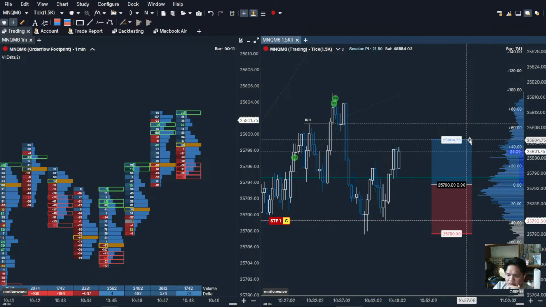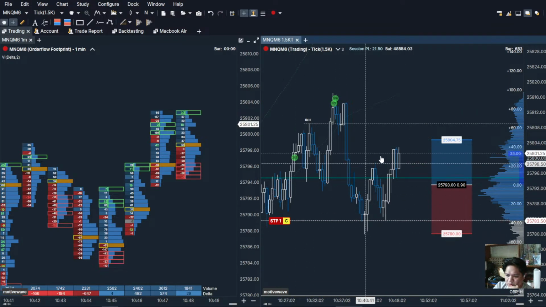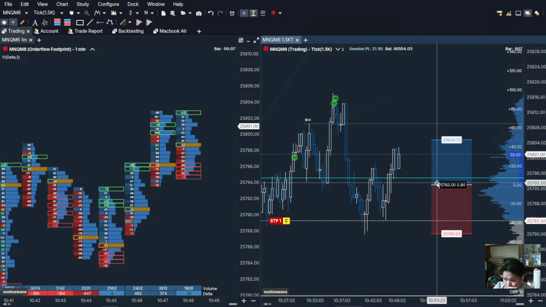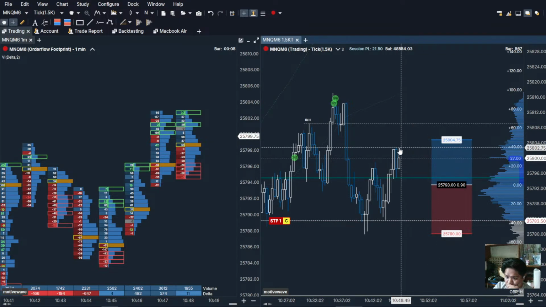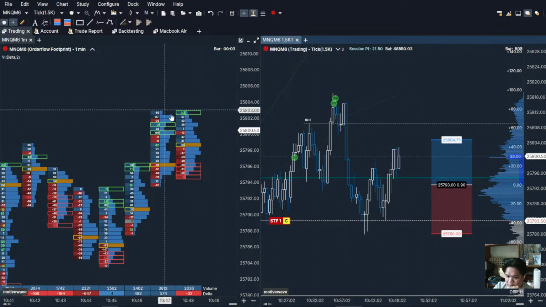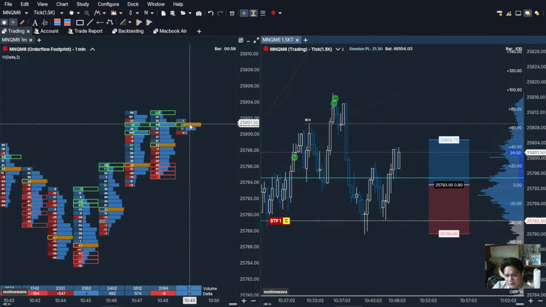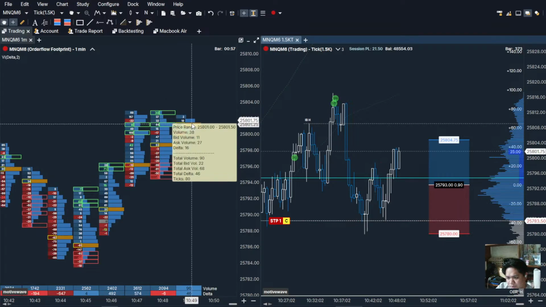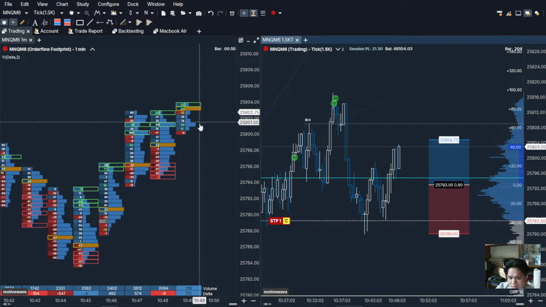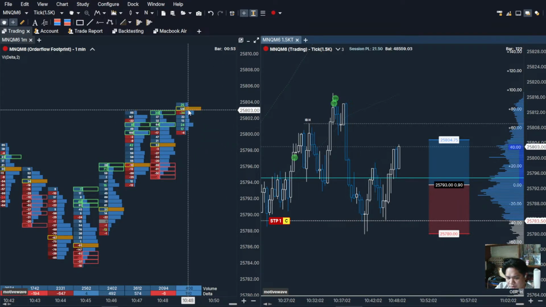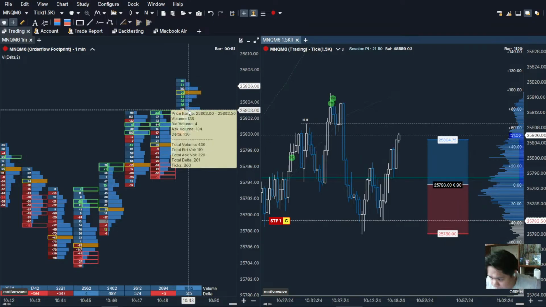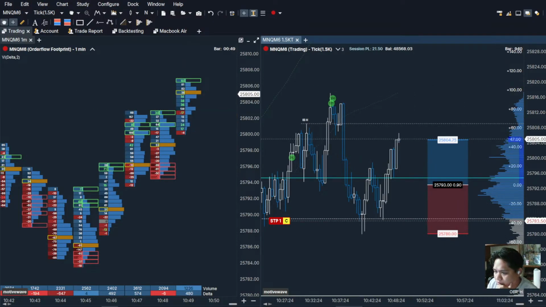Can we continue pushing up? Continue pushing up. No low though. Okay, buyers are getting absorbed. Okay, lots of buying starts to join in. There we go. Nice. Break even.